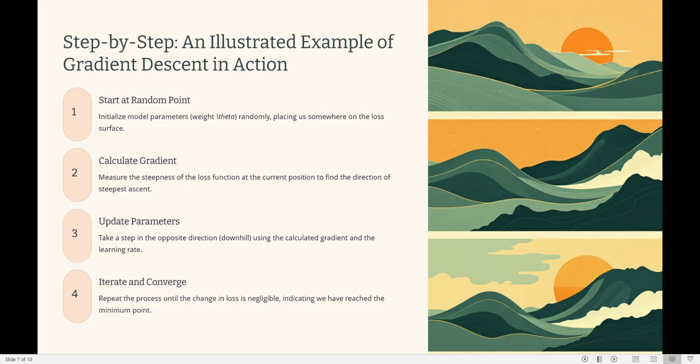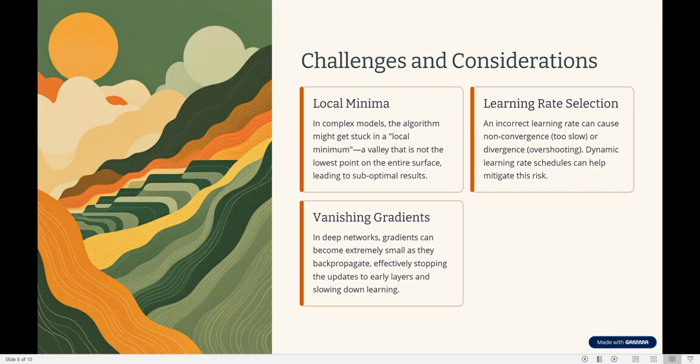Now we see the challenges and considerations. First is local minima. In a complex model, it can get stuck in a small valley instead of the deepest one, leading to suboptimal results. Second is learning rate selection.